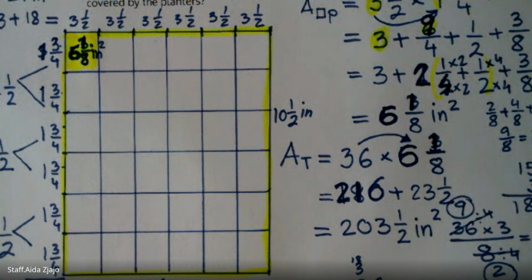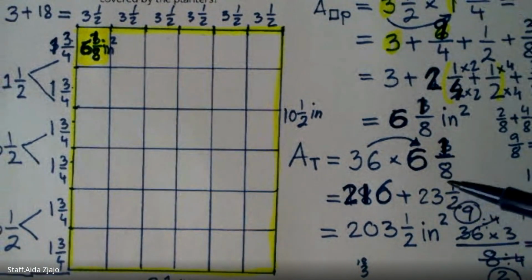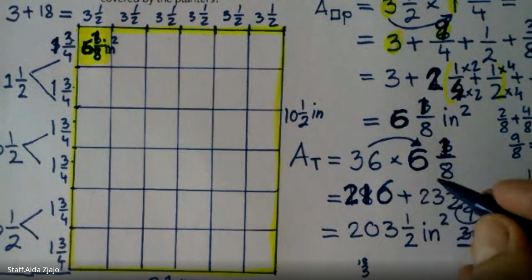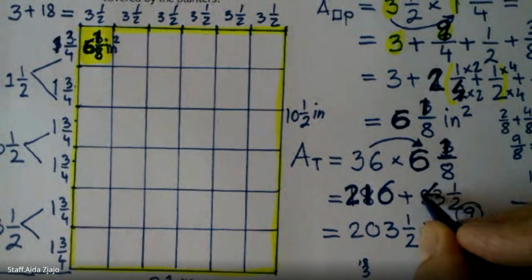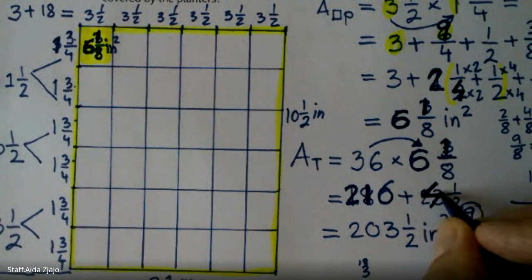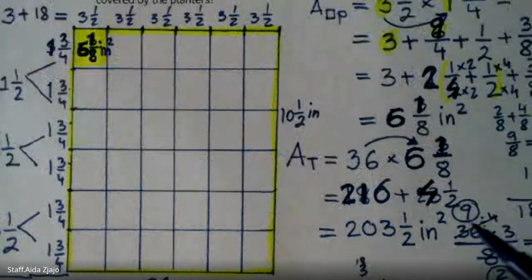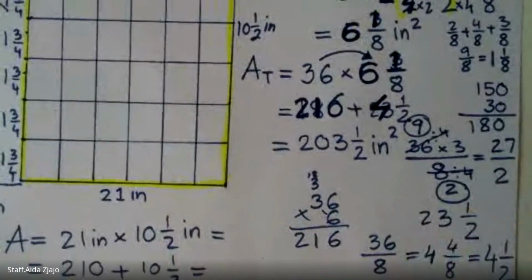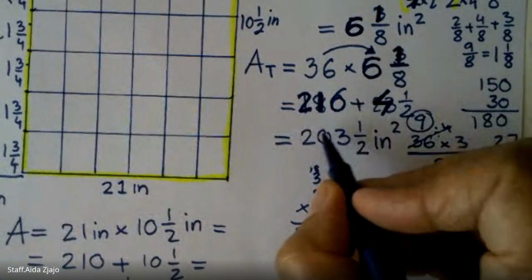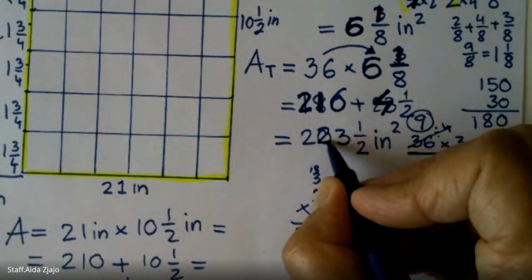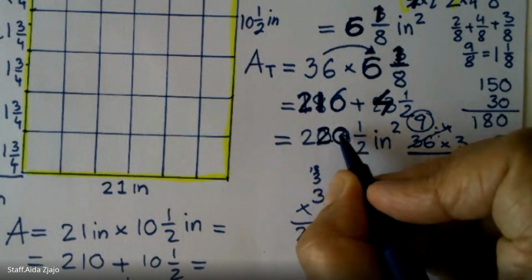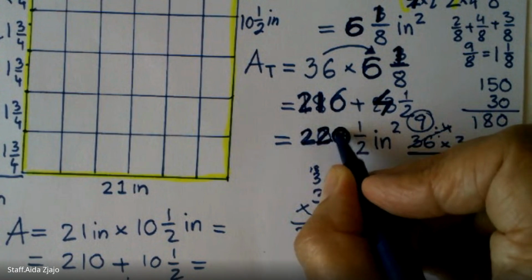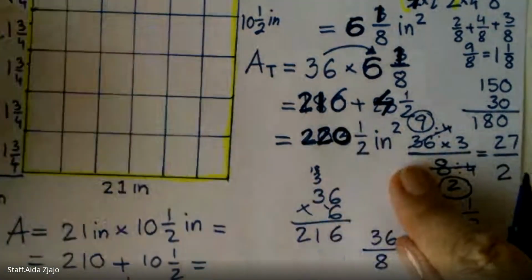So that is 4 and 1/2. So now adding this 216 plus 4 and 1/2, it will match. There you go. So now 216 plus 4 is 220. 220 and 1/2 square inches.